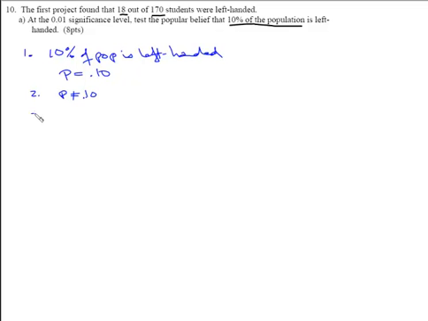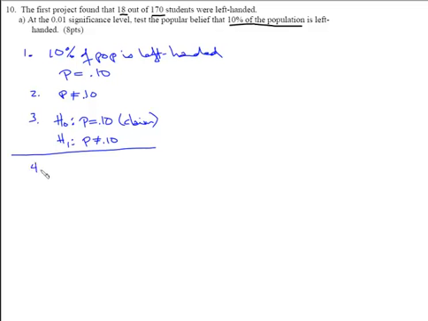And step three, the important step, is to identify which one is your null hypothesis. Your null hypothesis is the one with the equal to. Your alternative hypothesis is the one with the inequality. And just for good measure, you identify your claim here.